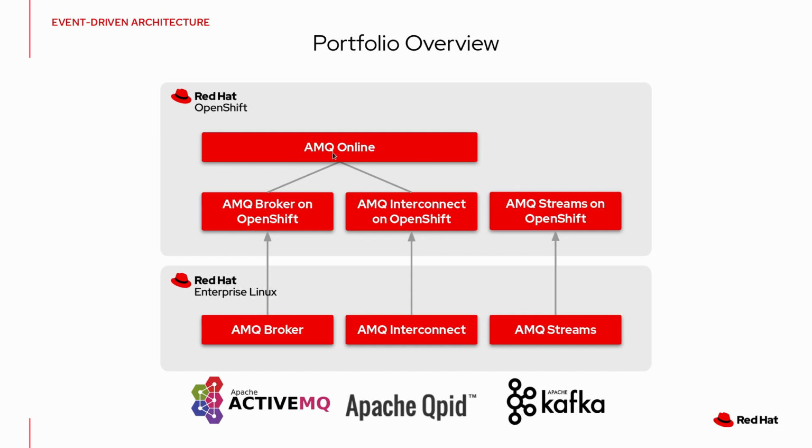Also, there is an AMQ online solution which provides you the capability of a managed service for AMQ brokers and AMQ interconnect. Those solutions can be deployed either on OpenShift or, with the exception of AMQ online, on the operating system in a non-containerized environment.